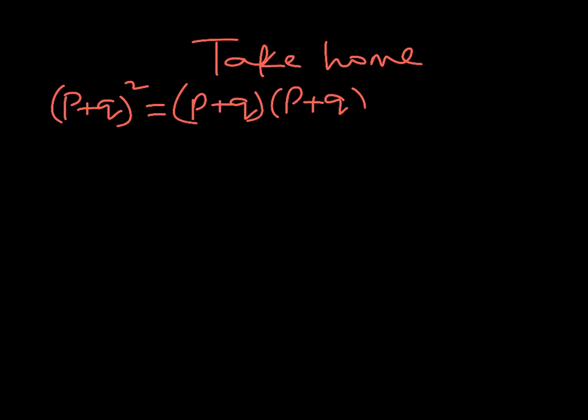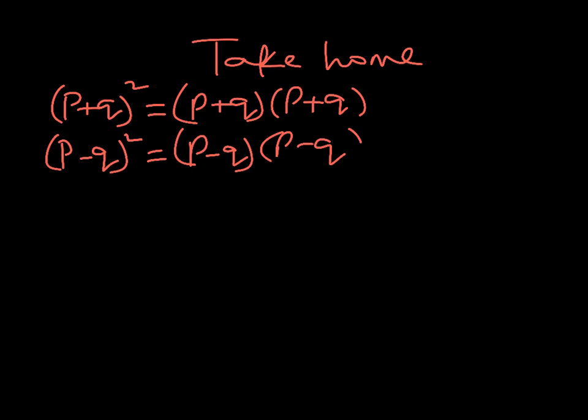So you want to remember the perfect square: when you have (p plus q) squared, it translates to (p plus q) into (p plus q). And the same thing with (p minus q) squared: it also translates to (p minus q) into (p minus q).